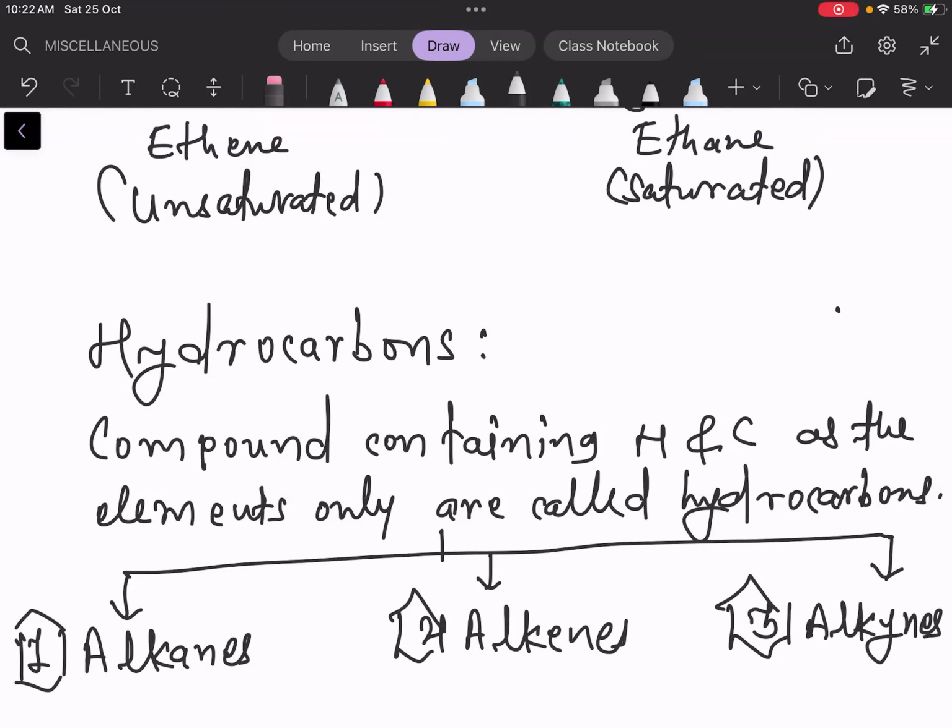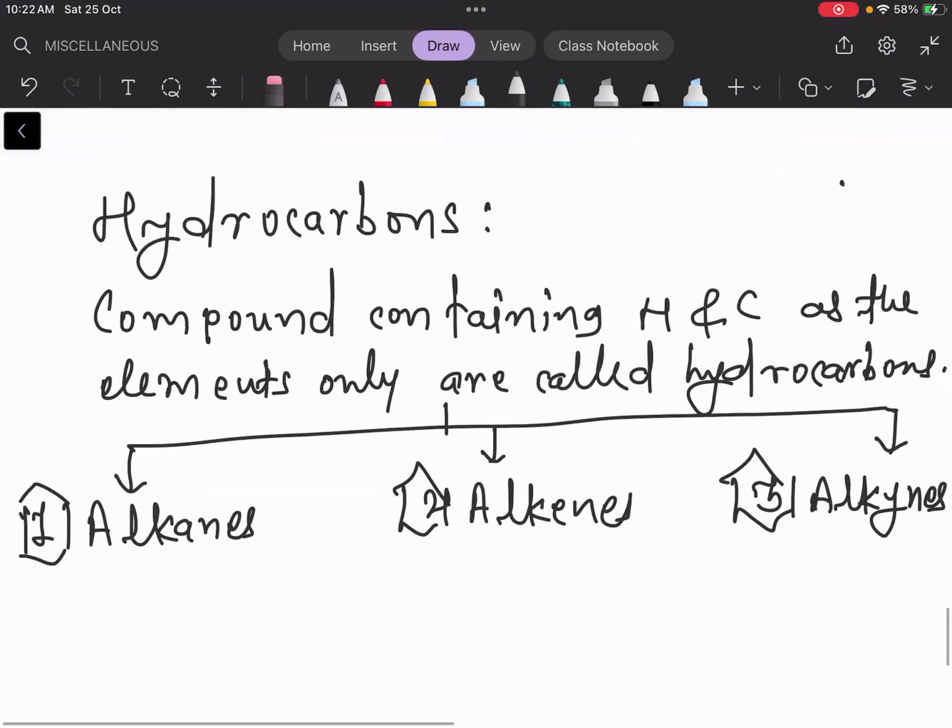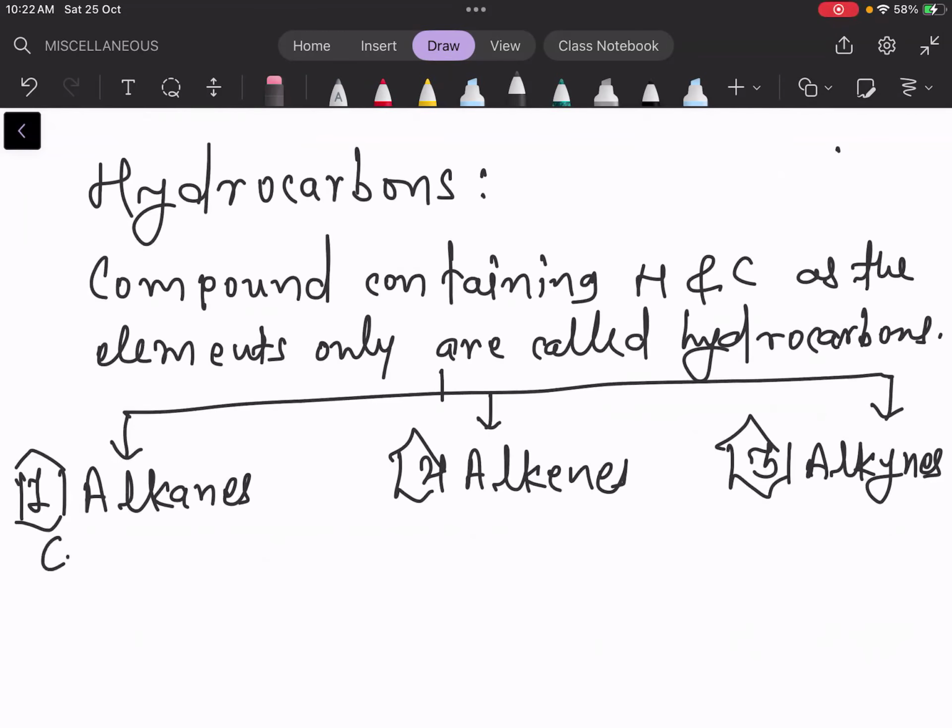Now, alkanes, their general formula is CnH2n+2. Alkenes, their general formula is CnH2n. Alkynes, their general formula is CnH2n-2. Right?